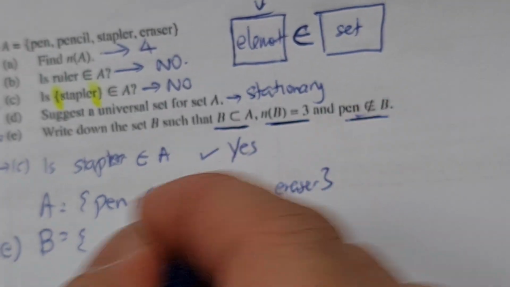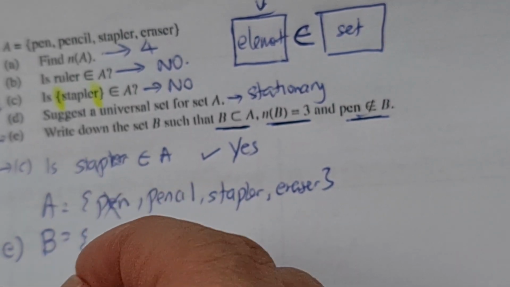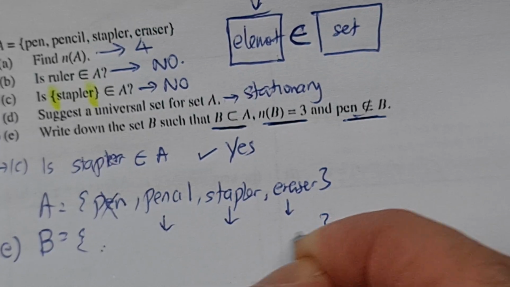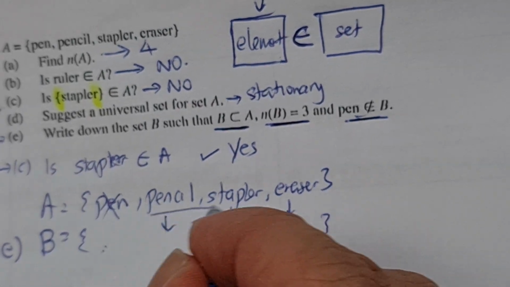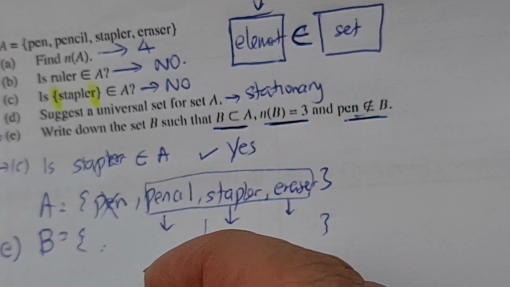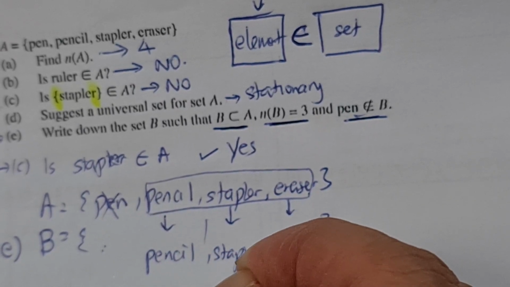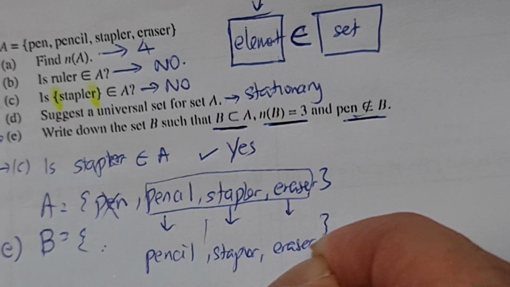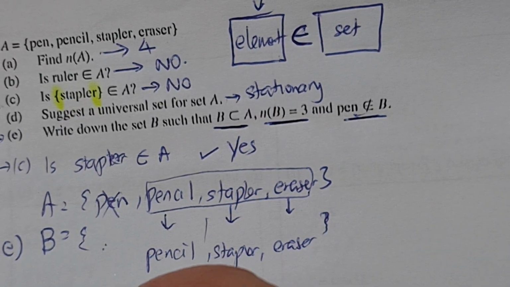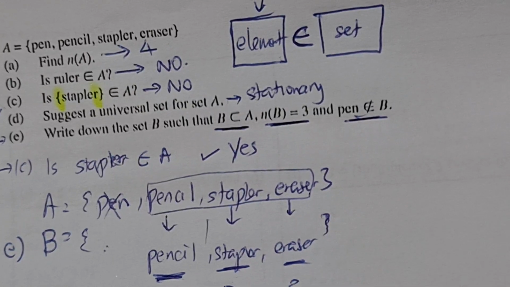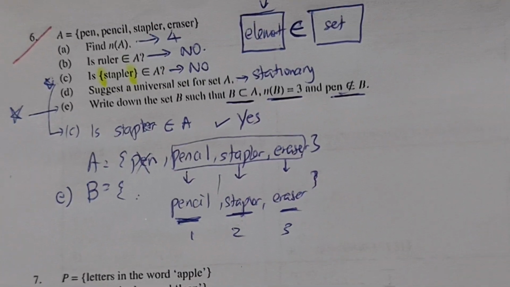B cannot have a pen. Because it's a proper subset, everything in B must be in A as well. So it's pencil, stapler, and eraser. There are three elements, 1, 2, and 3, so it satisfies all the required conditions.